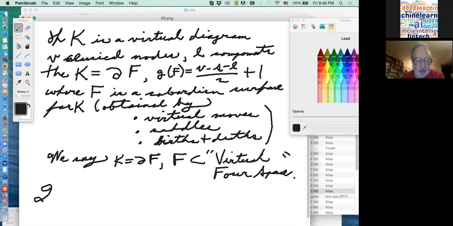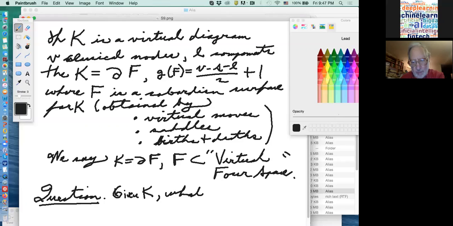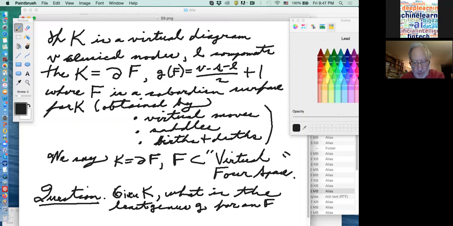Now we can state our question, which is, given K, what is the least genus G for an F, boundary of F equal to K, F contained in virtual 4-space?